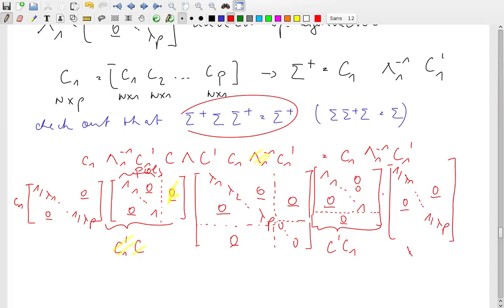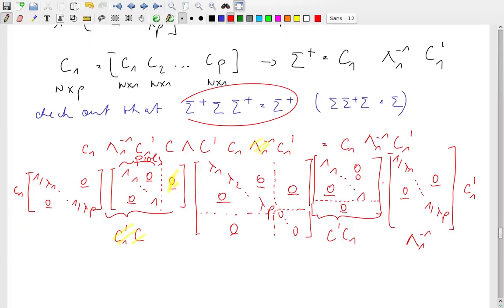That's lambda 1 to the minus 1. And then finally we'll have C1 prime again. That's a detailed expression of the left-hand side.